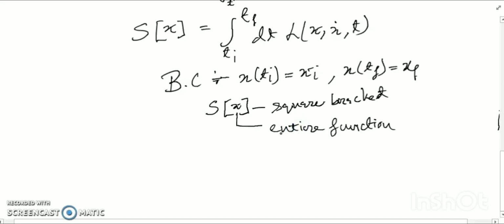This is the entire path from the initial point to the final point. So that is the meaning of the square bracket notation: the action is not a function, rather it's a functional, because as input it is not taking a real number but the entire path.